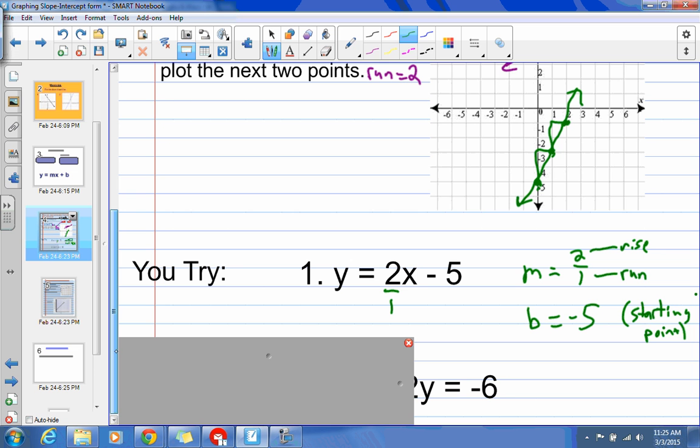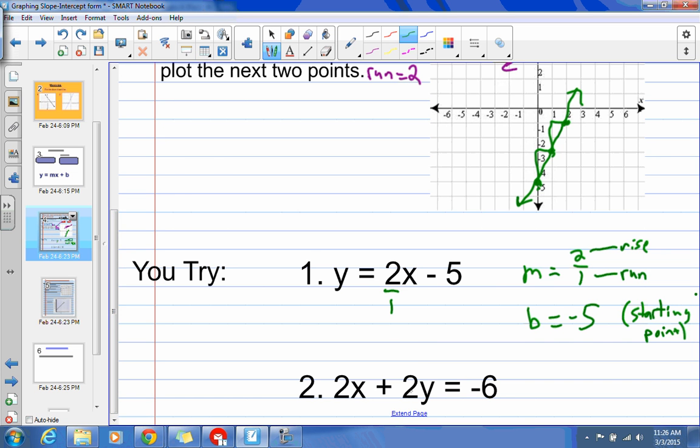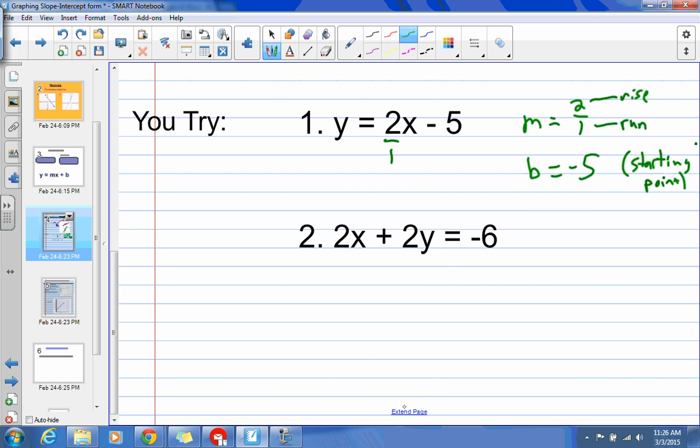Now I have one last question for you. What happens if you don't have it in slope-intercept form to start? You notice this is not y equals mx plus b, which is slope-intercept form. You can do a different method.